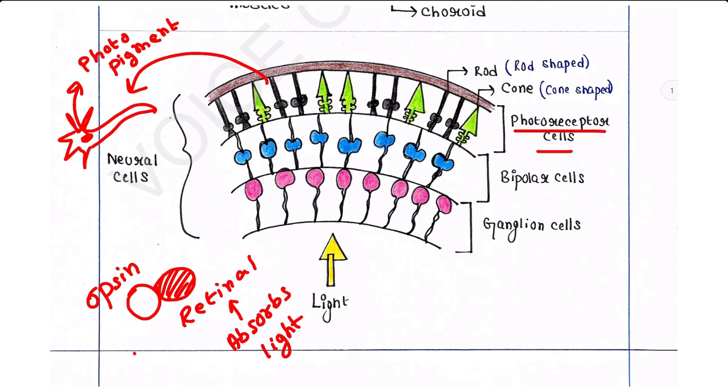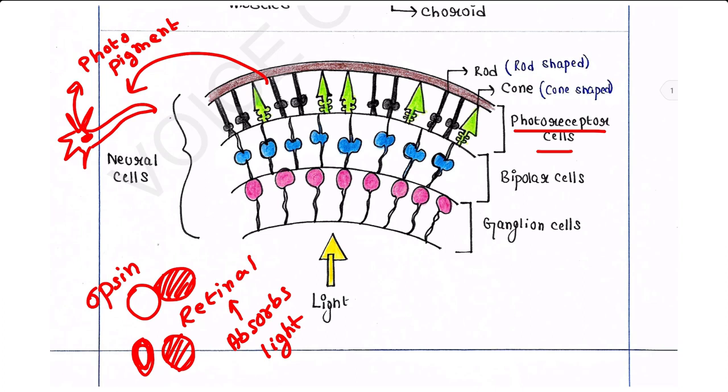So now opsin and retinal are dissociated. And this retinal is responsible for the color of the photopigment. So its dissociation from opsin results in bleaching of pigments, right? Why is it responsible for bleaching? Because retinal is responsible for the color of the photopigment.